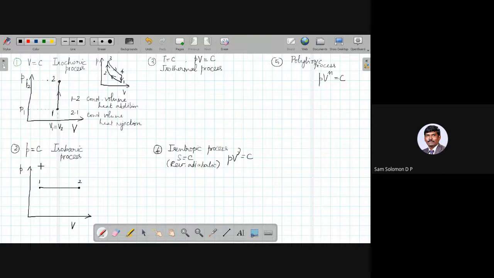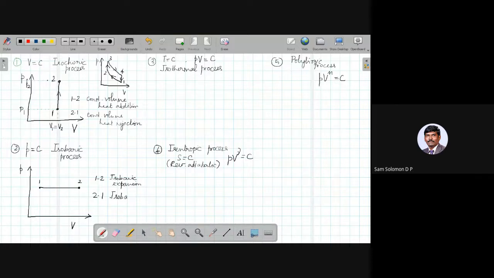In a similar scenario here, you can see for a constant pressure process, it is a horizontal line. So 1 to 2, you can see that the volume is increased. Whenever the volume is increased, we call it expansion. So this is isobaric expansion. And 2 to 1 is going to be a reduction in volume, which is a compression process.